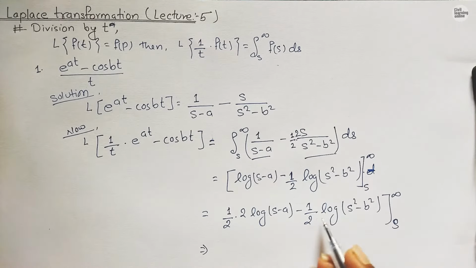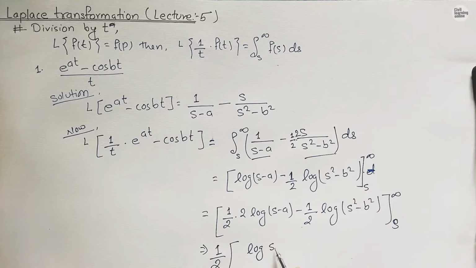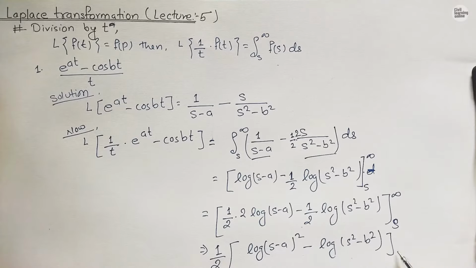For that reason, let's take 1 by 2 common from both the terms. So we will have log of s minus a whole square minus log of s square minus b square, and the limit, that is from infinity to s.